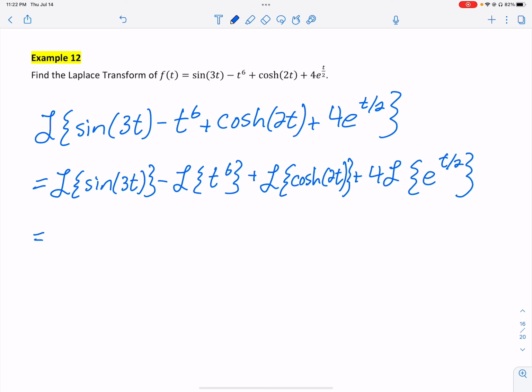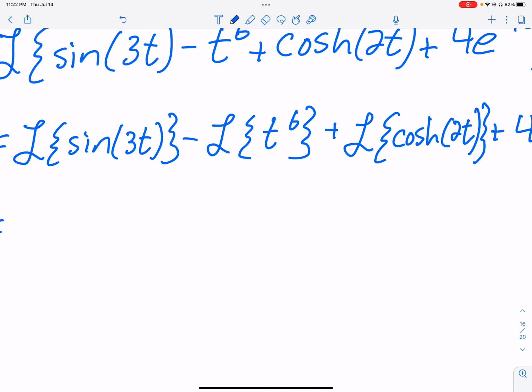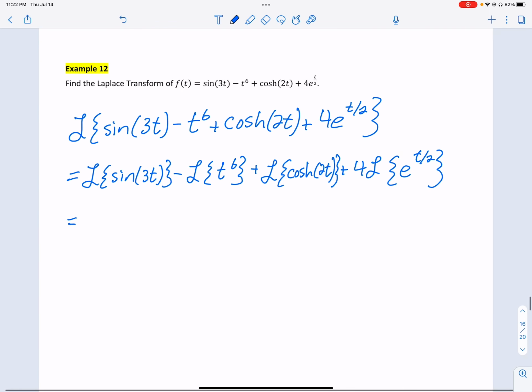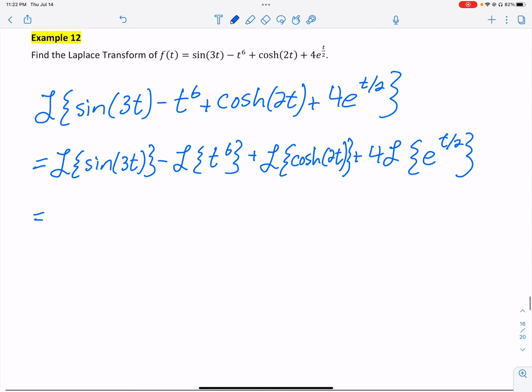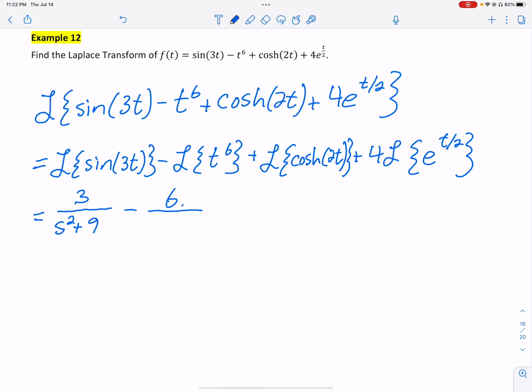Okay, so the Laplace of sine of 3t, that was k over s squared plus k squared, where k is the number out front. So the k in this case, sorry for that zoom in, k is 3, so we get 3 over s squared plus 9 minus, okay, this follows that other rule. It was n factorial, so 6 factorial over s to the 7th, n plus 1 on the bottom.